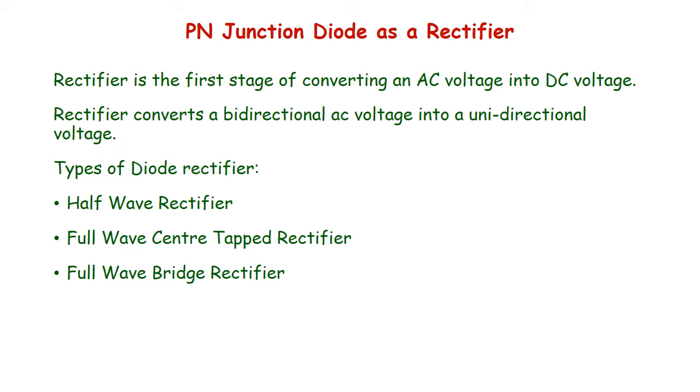Now you have two types of full wave rectifier: center tapped rectifier and bridge rectifier. A center tapped rectifier uses two diodes instead of one, and a full wave bridge rectifier uses four diodes. So a half wave rectifier uses simply one diode, a full wave rectifier with center tapped transformer uses two diodes, and a full wave bridge rectifier uses four diodes.